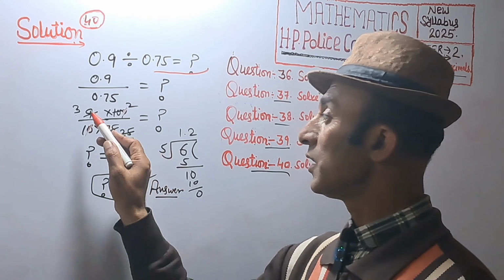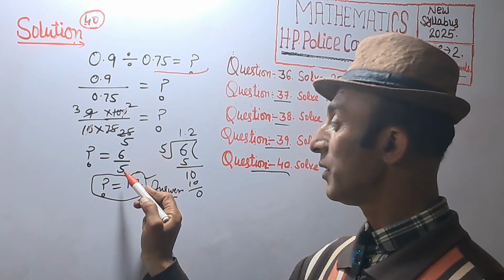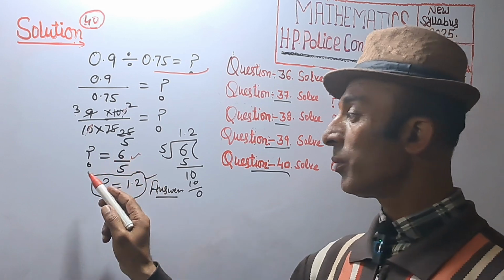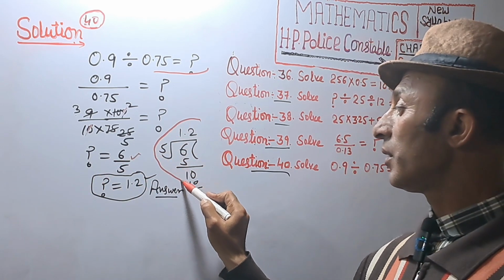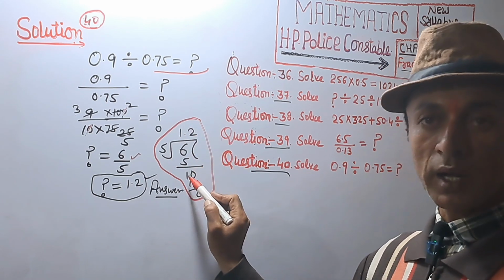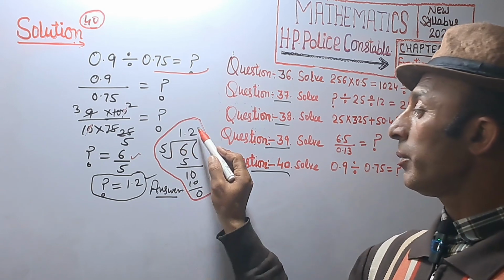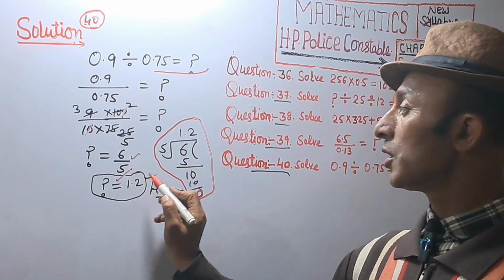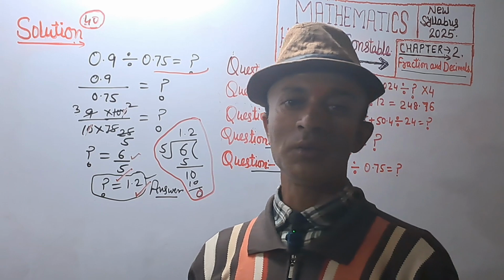And we get 3 into 2 numerator and 5 denominator. 3 twos are 6 upon 5. ? is 6 upon 5. When we divide 6 by 5, we get 5 ones are 5, 6 minus 5 is 1, and point 10, 5 twos are 10, and we get ? is 1.2, answer. Thank you so much.